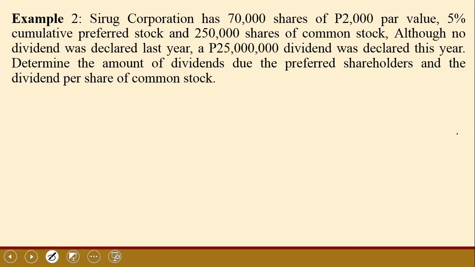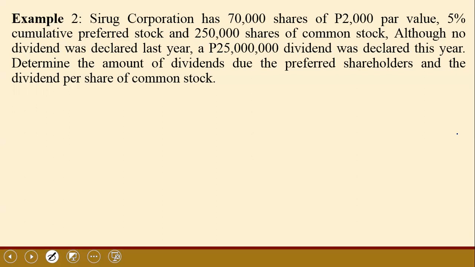Determine the amount of dividends due the preferred shareholders and the dividend per share of common stock. Take note that preferred stock is cumulative and the company did not pay a dividend in the previous year. So the preferred shareholders are entitled to the dividends in arrears and the dividend for the current period.